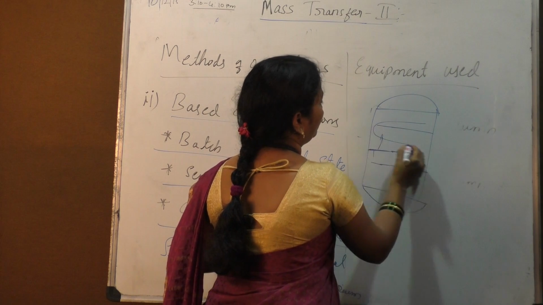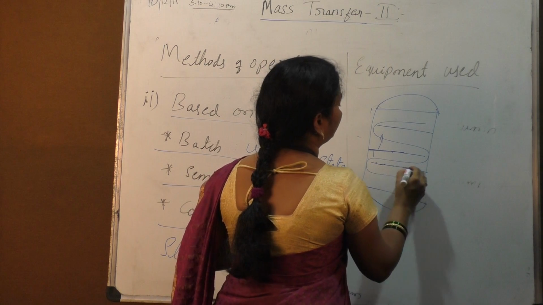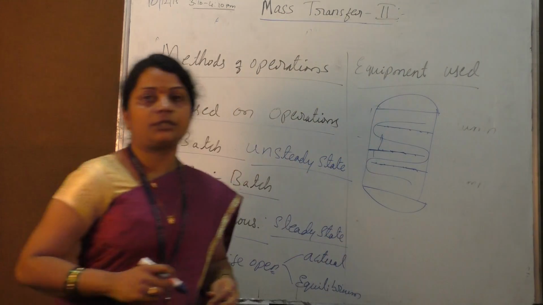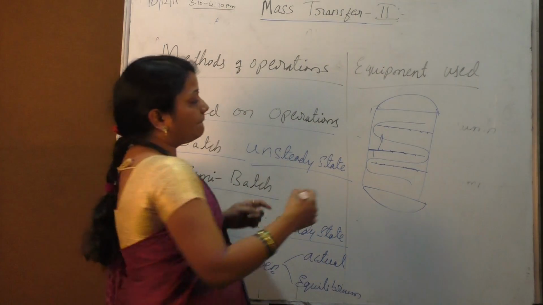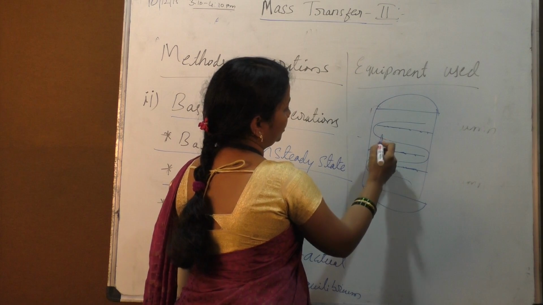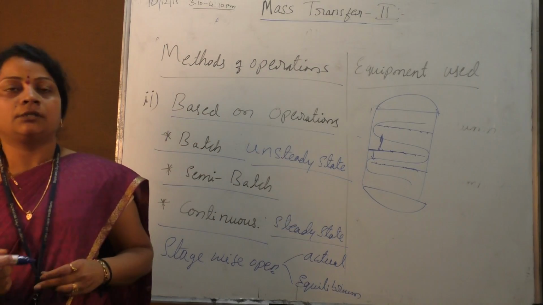Your liquid components are moving like this, and the gases are bubbled through the perforated plates of these columns, and based on this counter current action, when they come in contact with each other, the components moving up and down are in equilibrium positions.